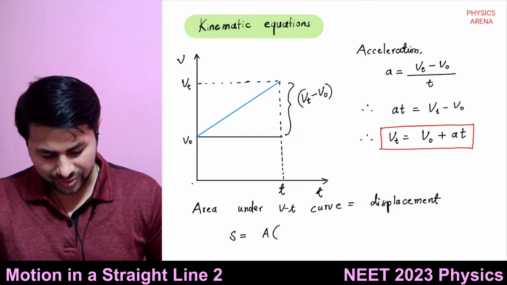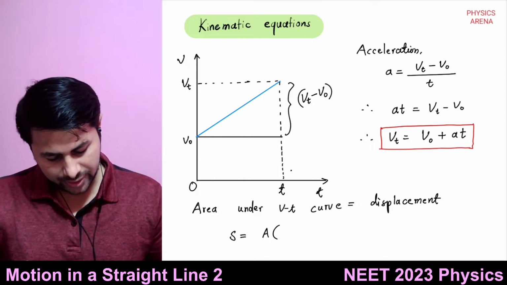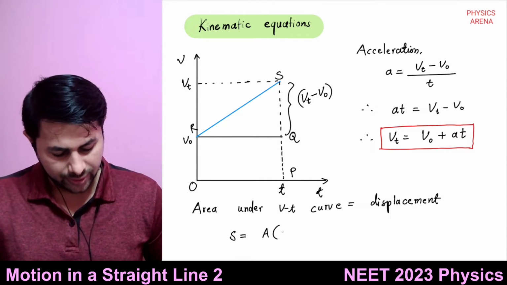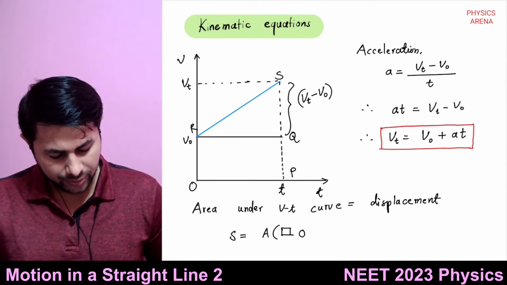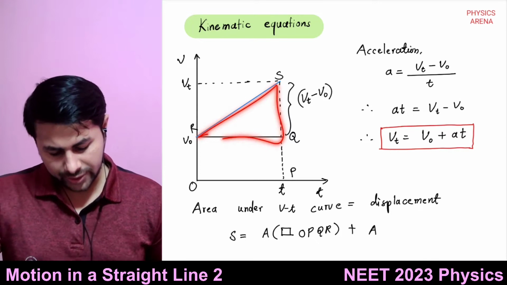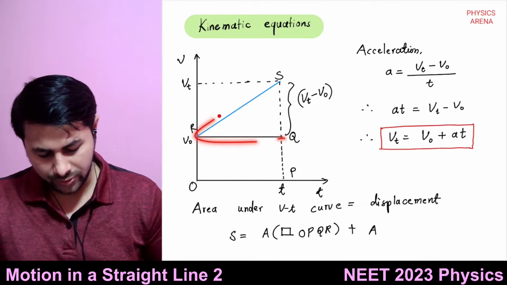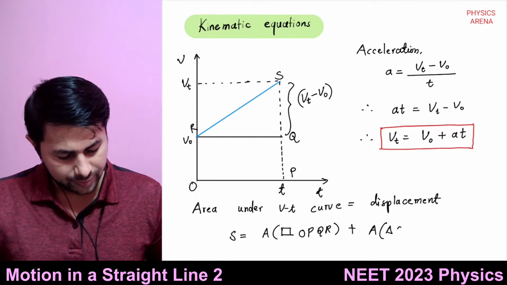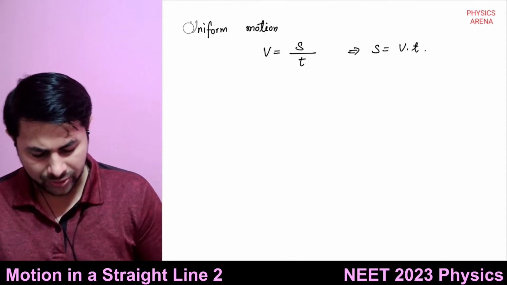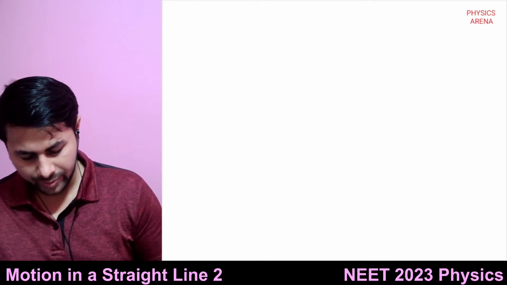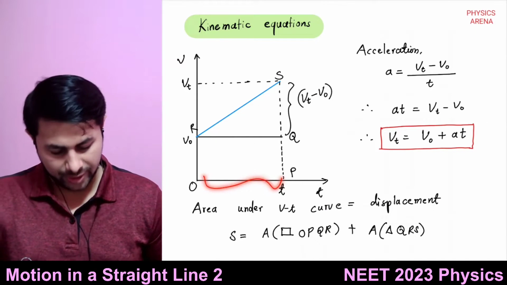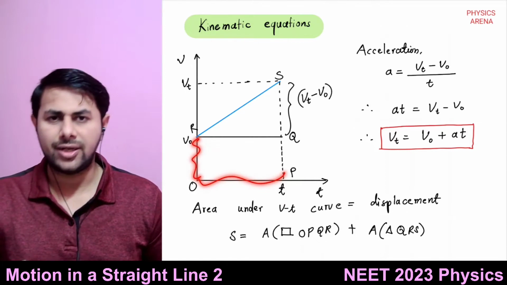Let's call this point O, this point P, Q, R, and this is suppose S. So the area of the rectangle OPQR plus the area of this triangle QRS, and that we can write as s equals the area of this rectangle, which is this much length, time, multiplied by this much length, which is V0.